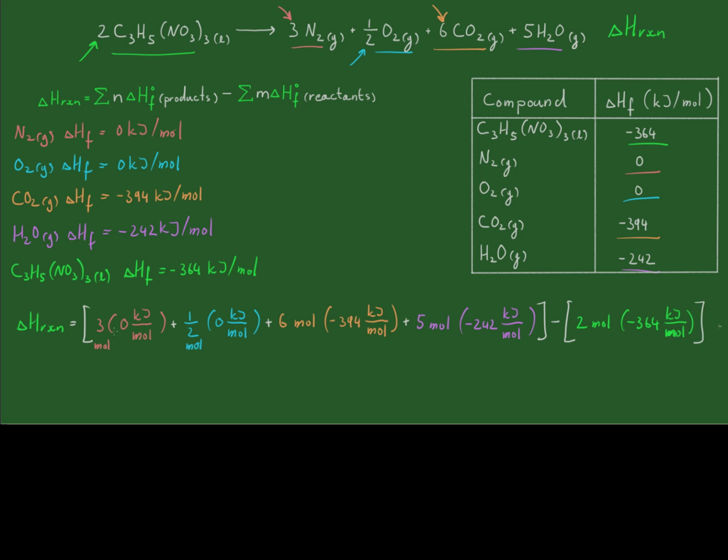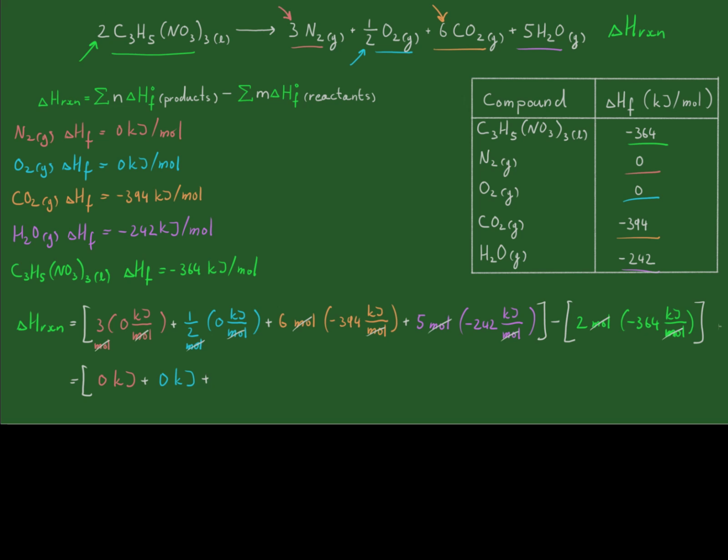So a couple of things. This mole and this mole will cancel. These guys will cancel as well. So moles will cancel, and we will be left with kilojoules only. So 3 times 0 is 0 kilojoules. Plus half times 0 is also 0 kilojoules.